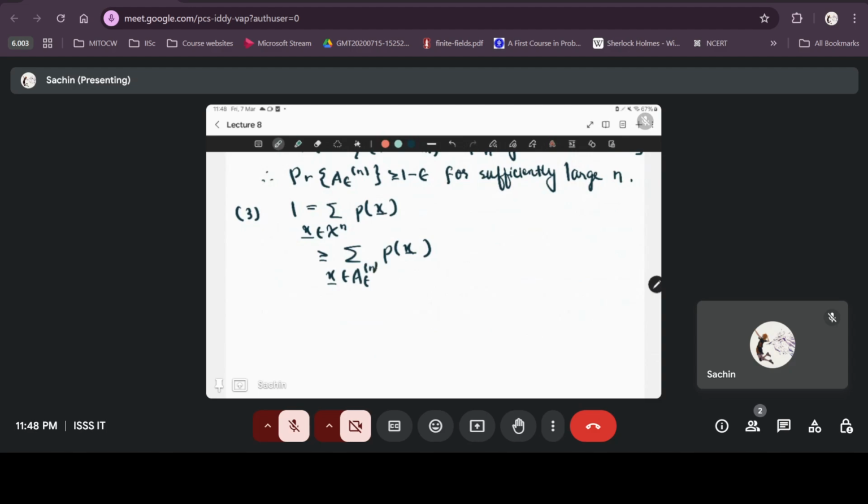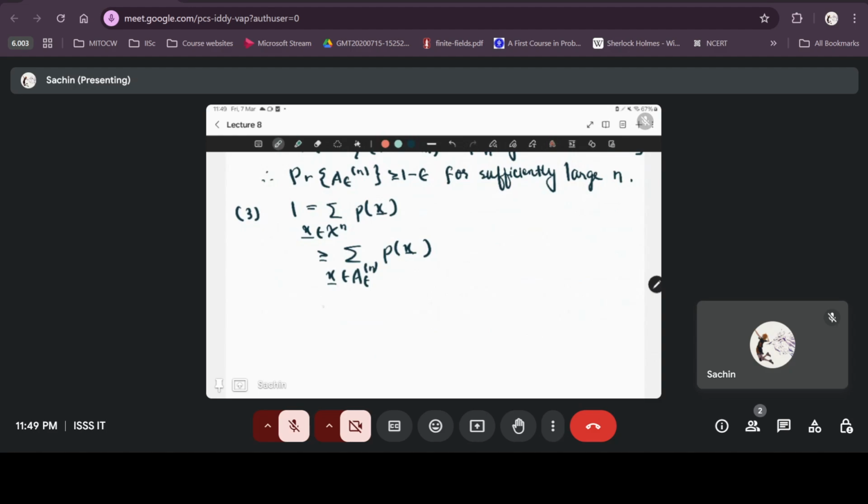There might be non-typical sequences with non-zero probabilities, but dropping a few of the terms will only decrease the probability. It won't increase the probability because probabilities of all the sequences are non-negative.